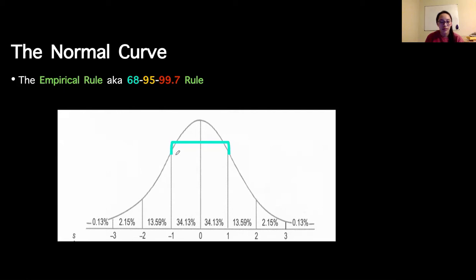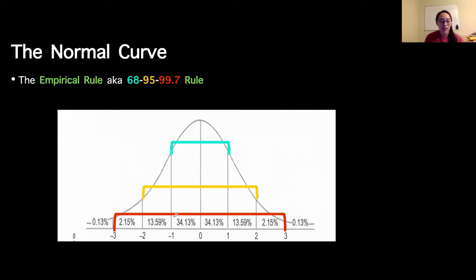So the empirical rule says that 68% of your data should be between the first standard deviation above and below the mean. So then you can guess, what does 95 represent? The percentage of data that exists between plus and minus 2 standard deviations from the mean, right? And then 99.7 should be plus or minus 3 standard deviations.